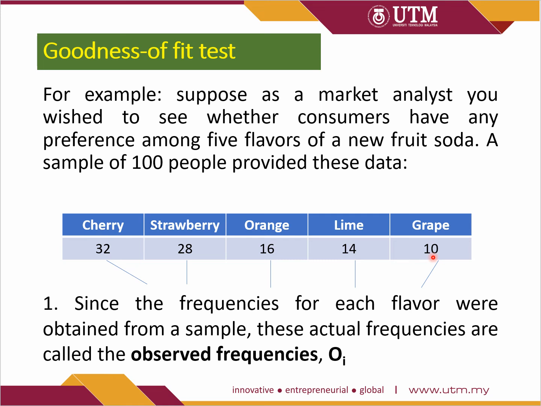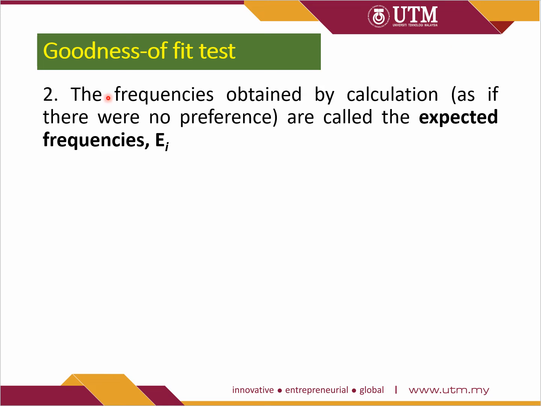The next thing that you need to know in the goodness of fit test is the frequencies obtained by calculation, as if there were no preference, which we call the expected frequencies. Here is the formula for the expected frequency, given as Ei, where i represents the category.